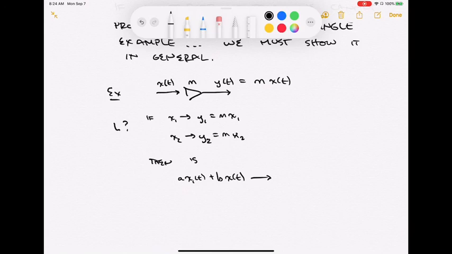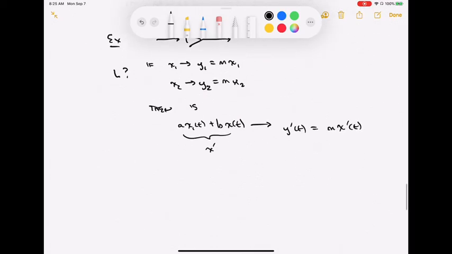Well, this input, let's call this whole thing x prime, going into my system generates an output y prime equal to mx prime. But what is x prime? x prime is ax1 plus bx2. And if I just do a little algebra on this, I can write this as amx1 plus bmx2.